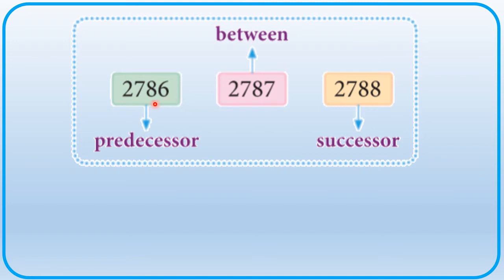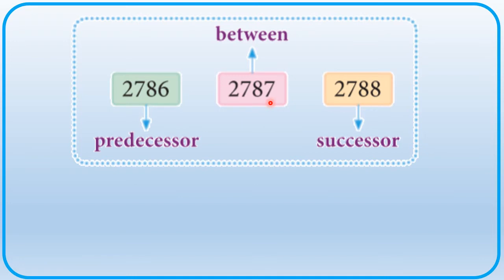So it is called as predecessor of 2787. And the number 2788 comes just after 2787. So this number is called as successor of 2787.